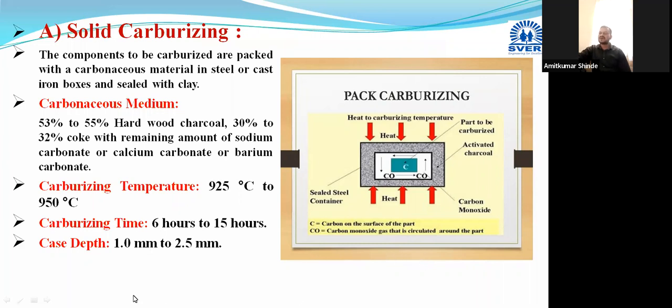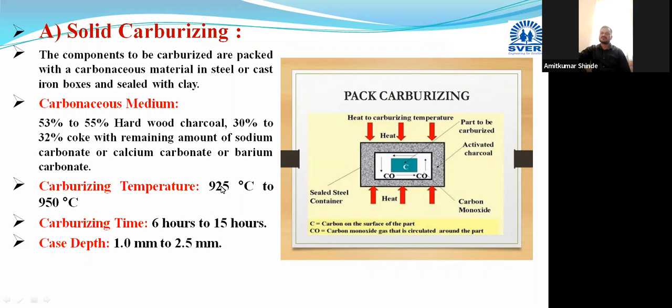Further, we do the hardening heat treatment on that component, and finally we get the component with surface hardening.